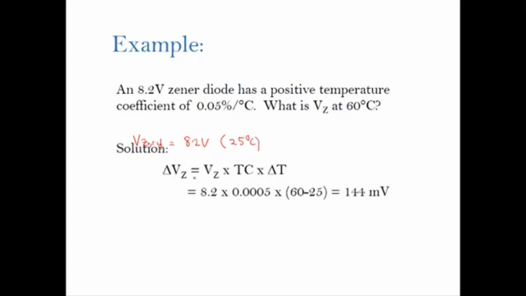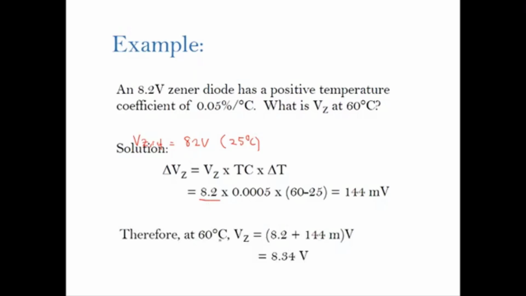So the solution is delta Vz, the change of the Zener voltage, is equal to Vz reference, 8.2, times the TC, the temperature coefficient, which is 0.05%, so 0.0005, times the difference of the temperature, 60 minus 25. So we get delta Vz is 144 millivolt.